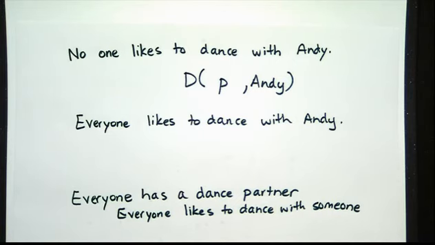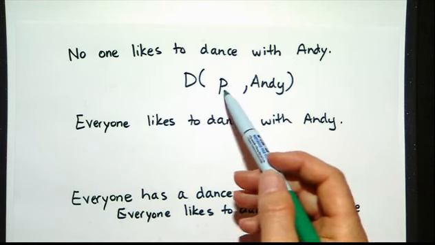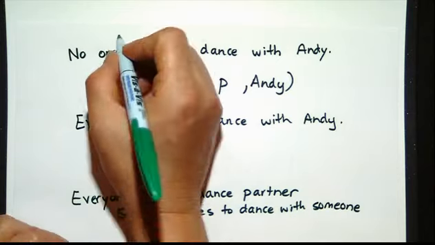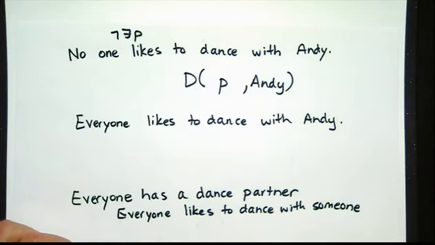I can make any other letter. Yes, we can. So the next thing I do, after I write down my predicate and I put variables in it, then I figure out how often those variables occur. Andy, I already know. I don't have to do anything with it. But with the P, who's doing the liking, this says no one likes. So this person doesn't exist. If I say no one, that's not anyone, which is not there exists.